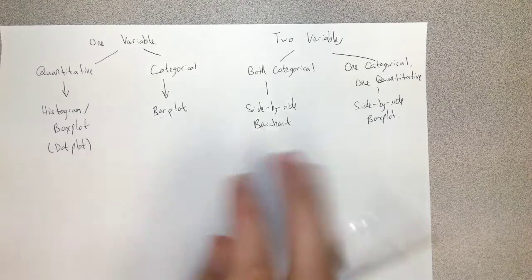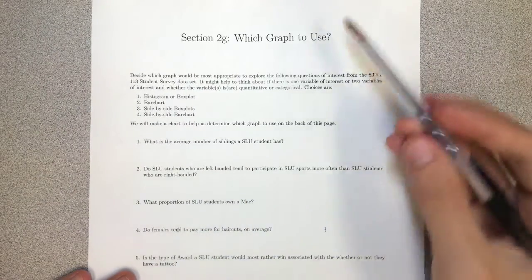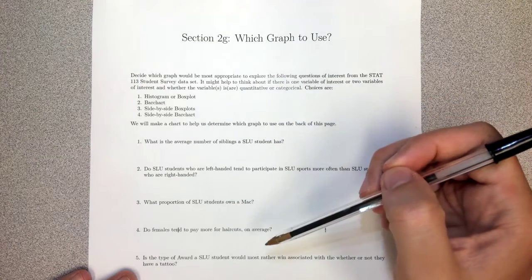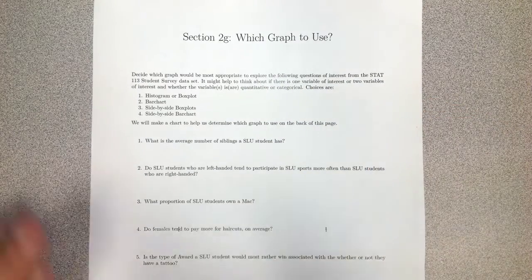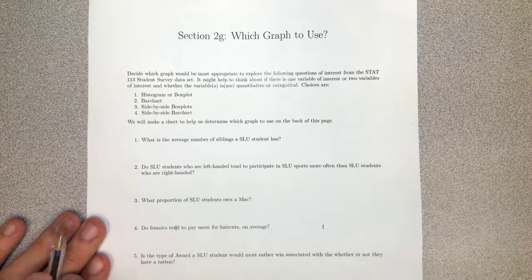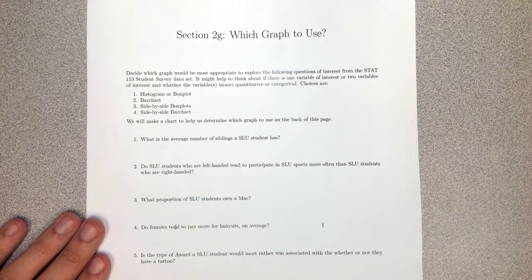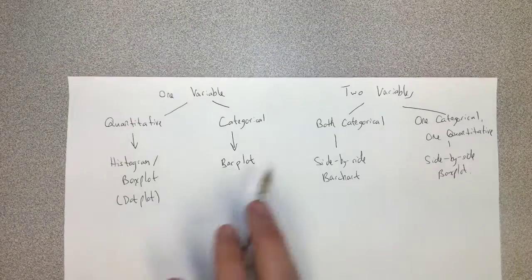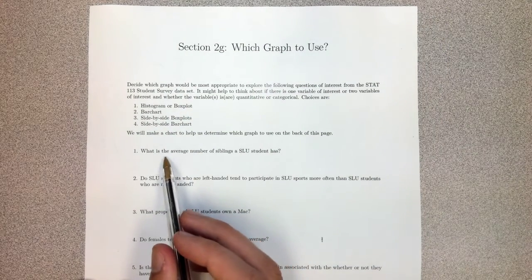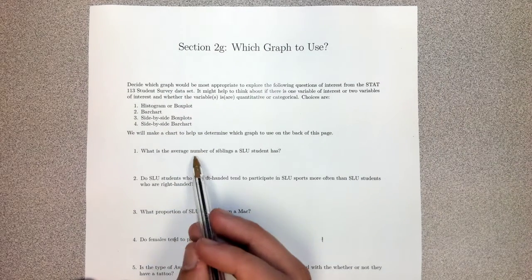All right, so this chart should help you answer these questions. They pertain to the Stat 113 student survey. So if you wanted to look at the average number of siblings a SLU student has, according to the thought process we outlined on the back page, I would look at this and say, okay, there's one variable and it's number of siblings.